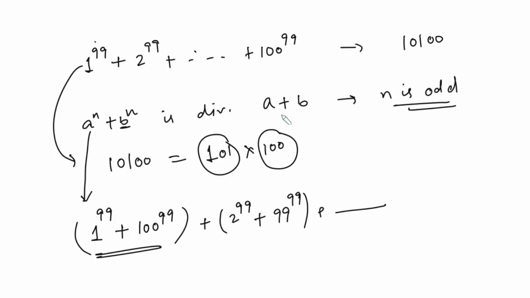So it will be divisible by a plus b, right? Here a plus b gives you 101. So that means this total expression will be divisible by 101.